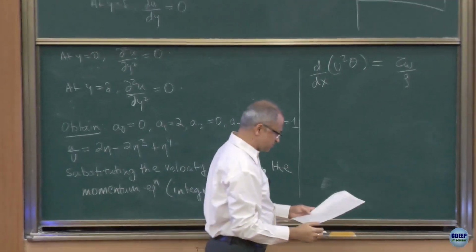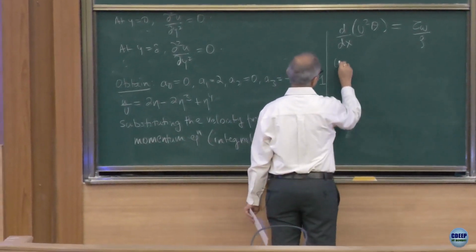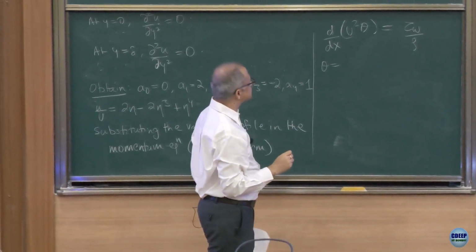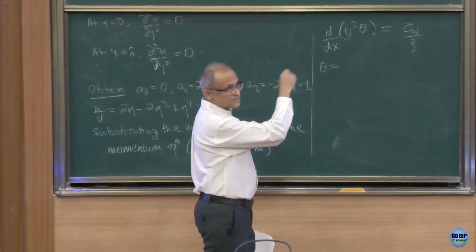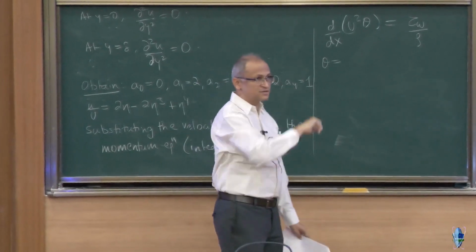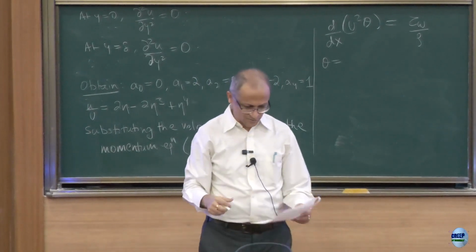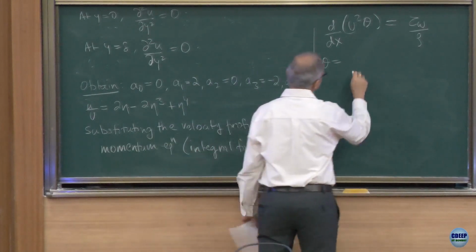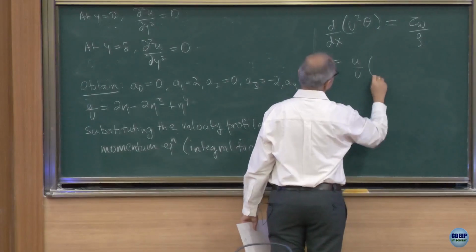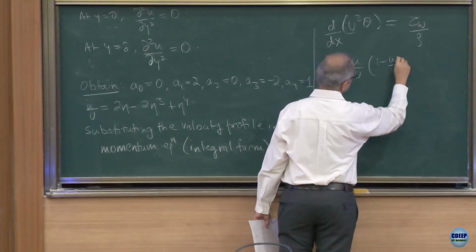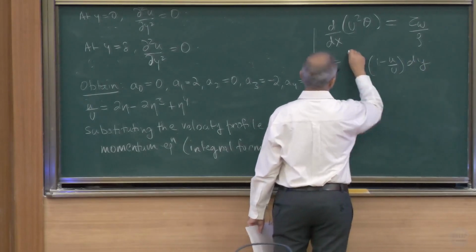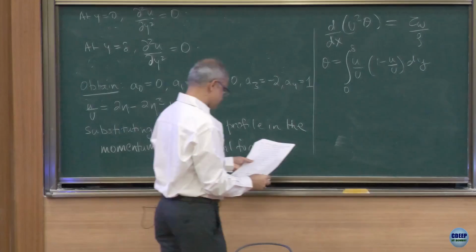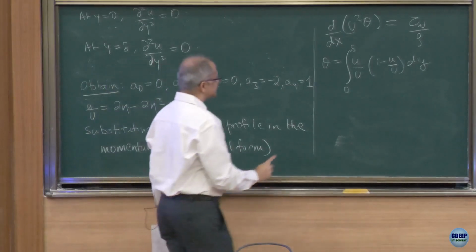So as a next step, what we have to do is find out theta. Just look at the derivation and see that this is what you would get. So if you look at theta, it is the integral of u by capital U times (1 minus u by capital U) dy, from 0 to delta, or 0 to infinity in fact.